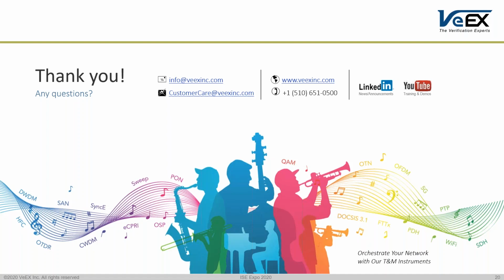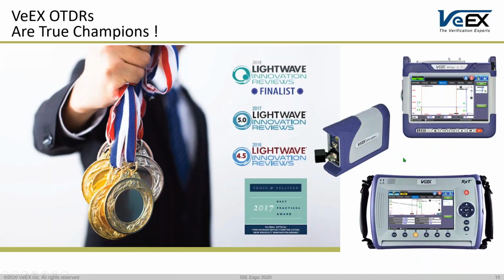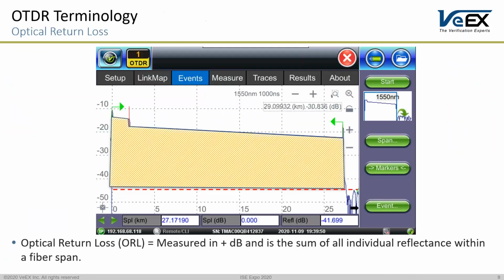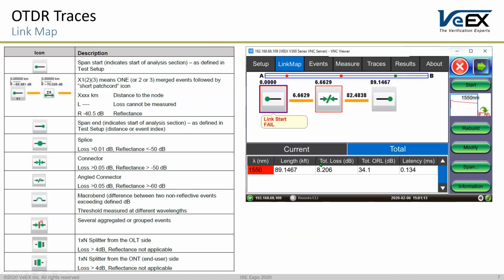So they're wondering, where does it show the value? Okay, let's see if I can go back. For the ORL? Yeah, for the ORL. Okay, so in this case, you can look at the link map, and it's at the bottom here.